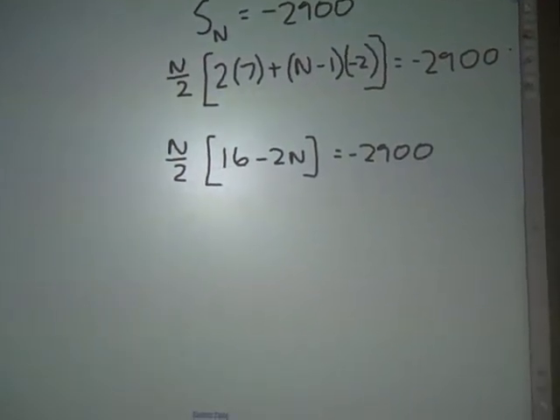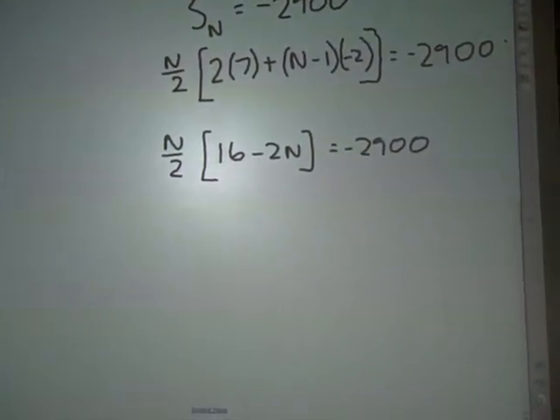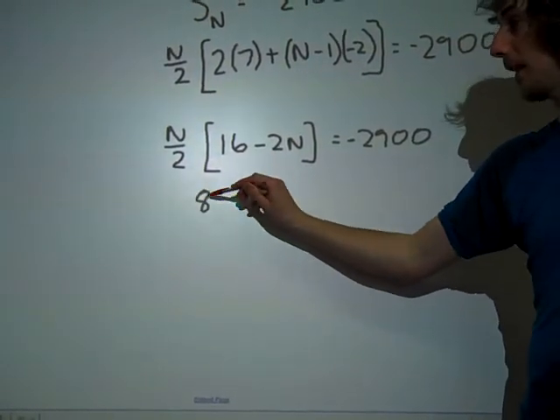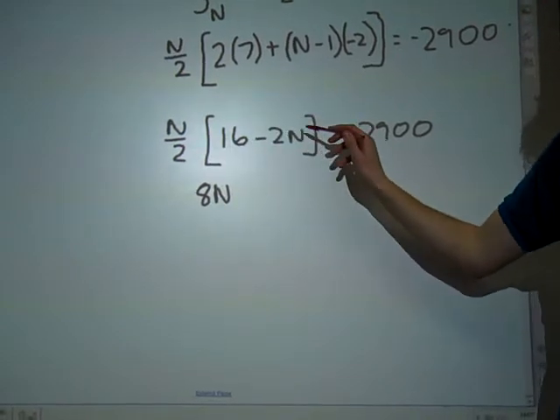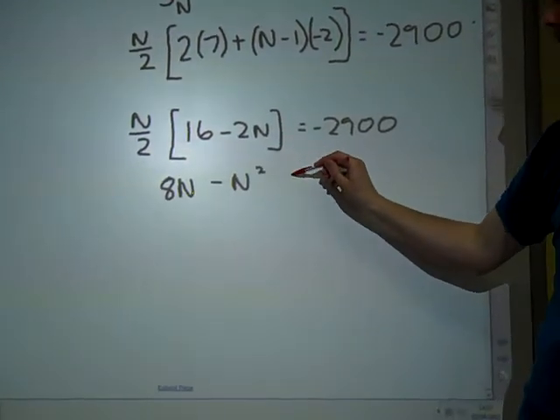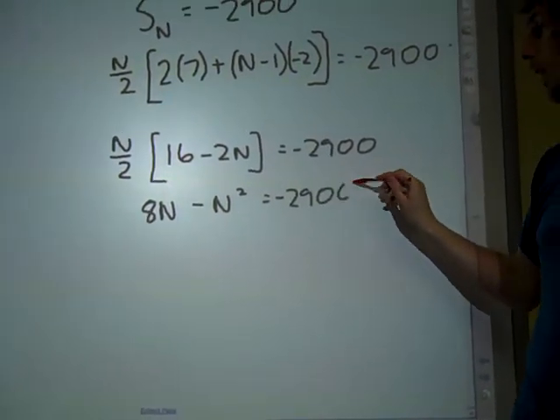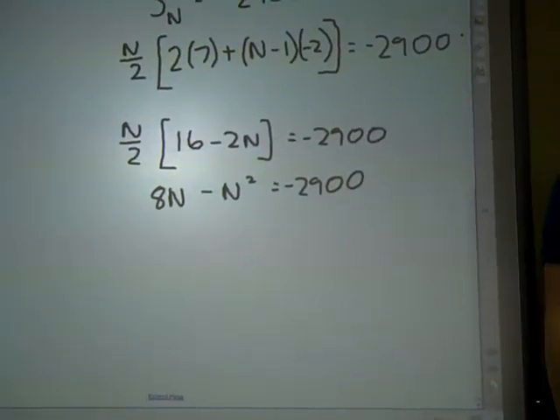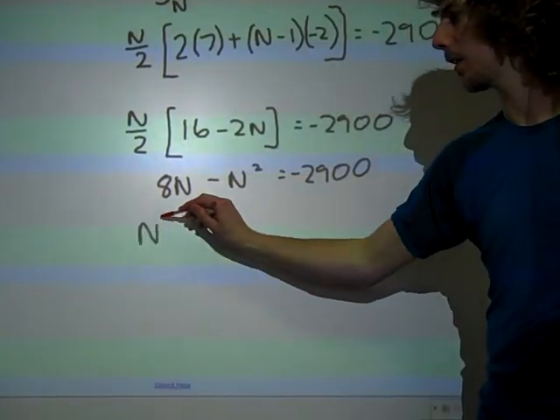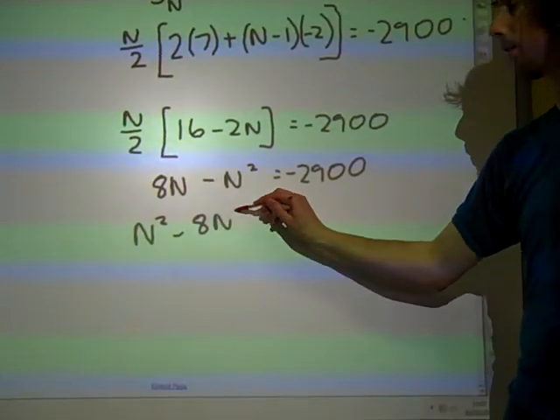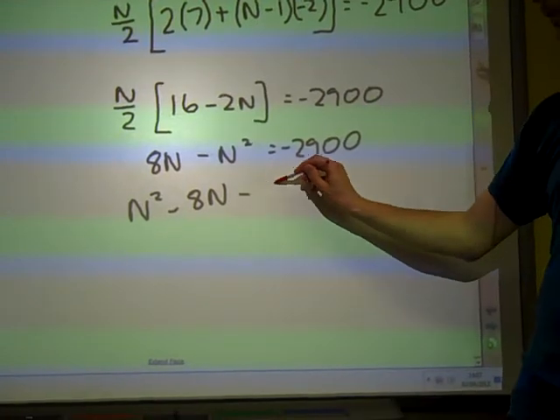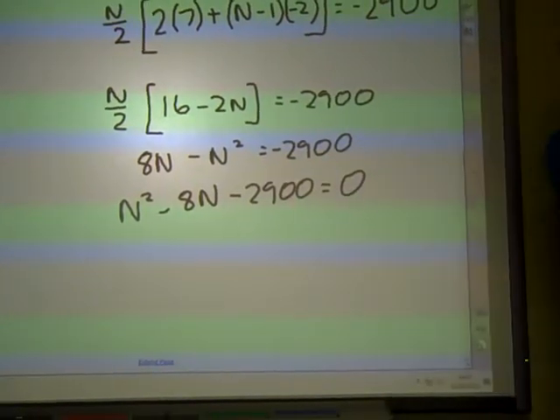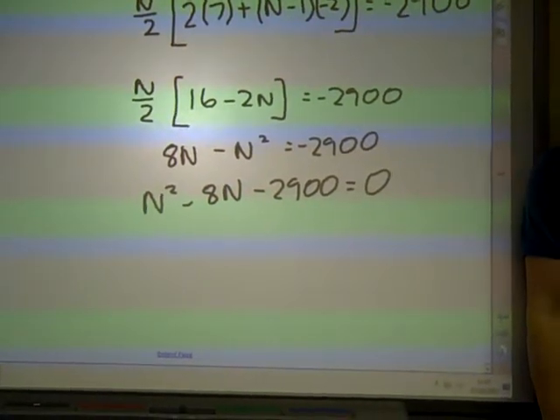And if we carefully multiply out the bracket, n over 2 times the 16, that's 8n. n over 2 times minus 2n, that's minus n squared, minus 2900. Let's get everything over onto one side. We've got n squared minus 8n minus 2,900 is 0.